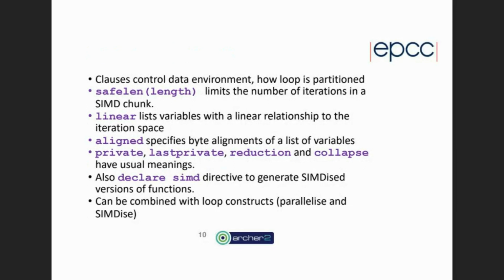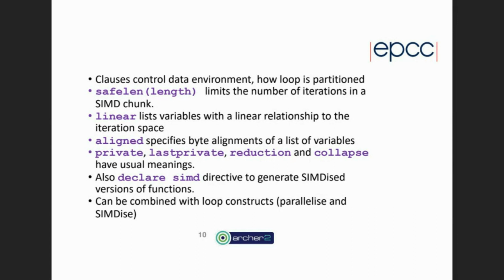So there's various clauses that apply from this. You can say, okay, safe length puts an upper limit on the number of iterations in a chunk. Linear basically deals with variables with a linear relationship to the iteration space, otherwise called induction variables.